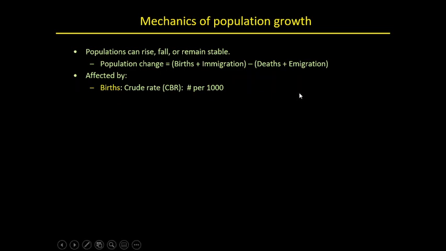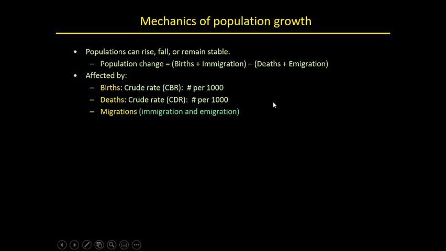This is probably mislabeled; these are different ways of measuring population growth. We've got the crude death rate, which is the number of deaths per 1,000 individuals. We've got migrations, which we've already talked about: people coming in, people leaving. This is also true for plant and animal populations as well.